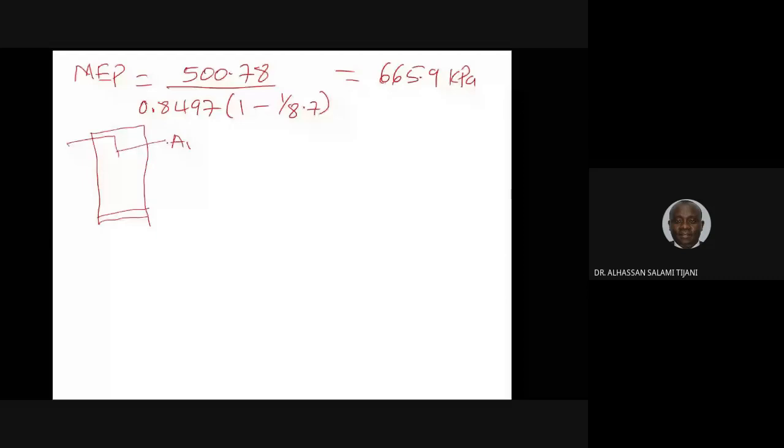Then the total mass of this is given by, let's say, MT, M total. That's the total mass of the fuel plus the air. So this gives us MA plus MF for the fuel.